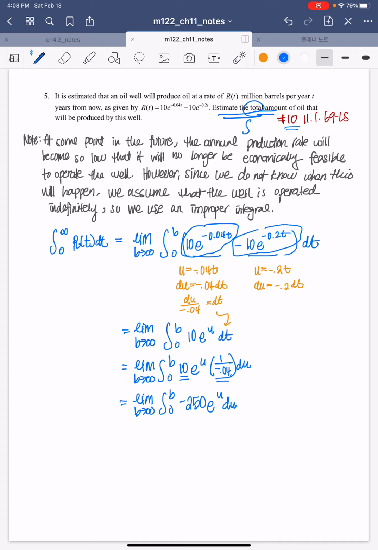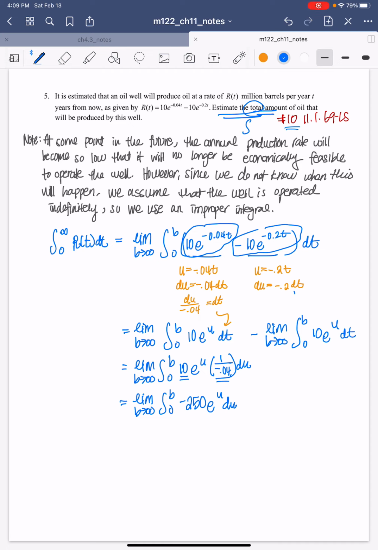So subtracting 0 to b, 10 e to the negative 0.2t, so this will be e to the u dt. dt in this case will be du over negative 0.2.